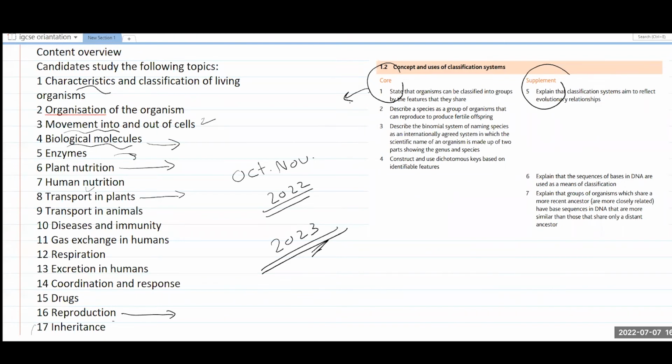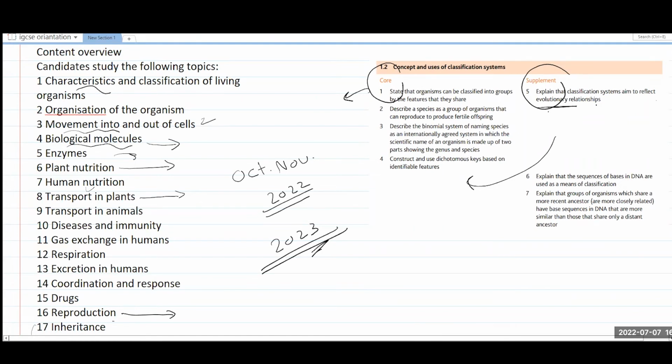The core part gives the direct information, like stating the characteristics of living organisms, or stating a definition, a brief expression of the information. The supplement or extended part goes beyond that core. Here it states how organisms can be classified and explains the classification, and how it reflects the evolution of living organisms.